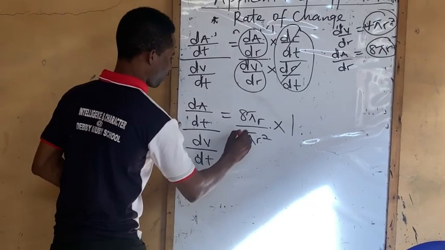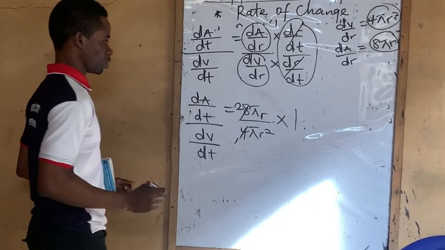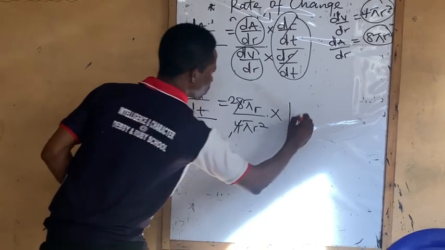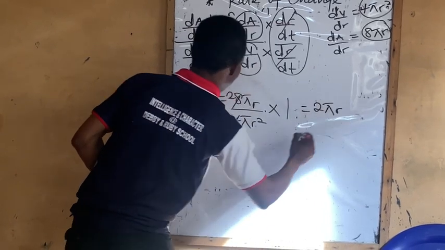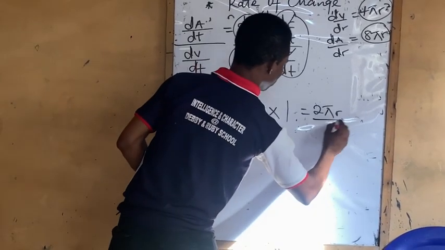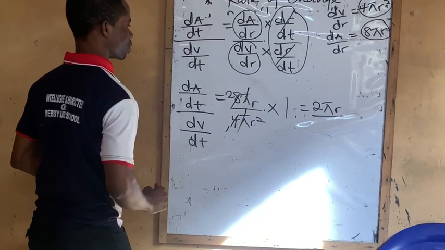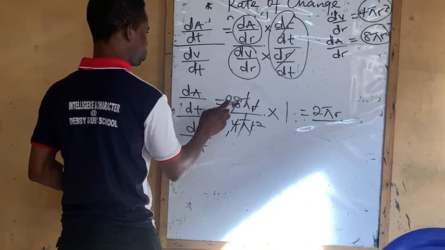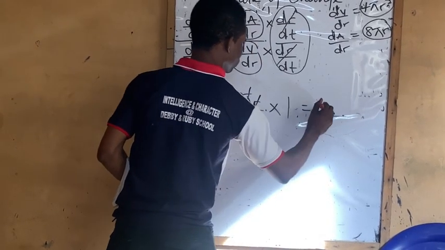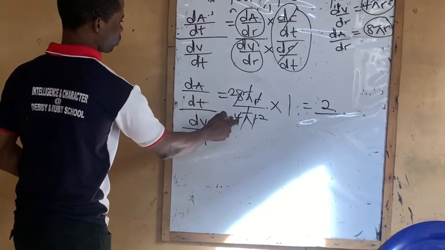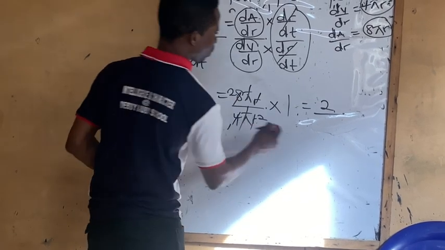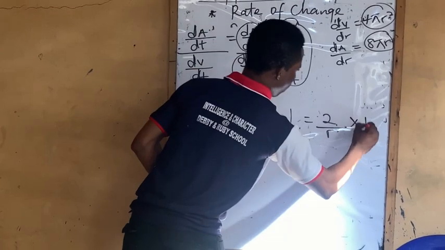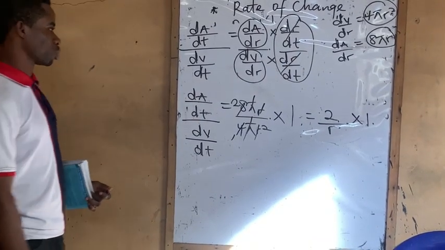What will I do? I can say 4 into 4 is 1, 4 into 8 is 2. That means I'm going to have 2 pi r all over, and I can cancel pi, and r cancels r. So I'm having 2 all over r times 1, which is 2 all over r.